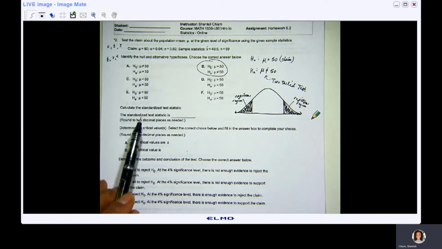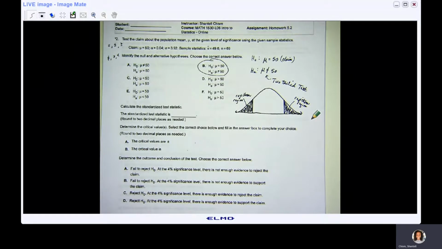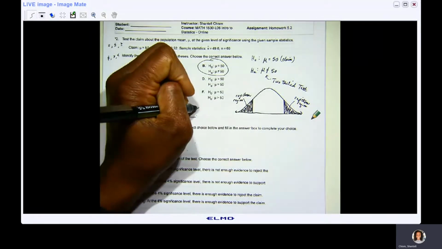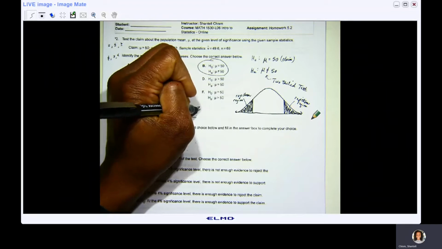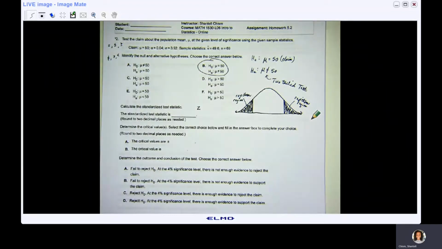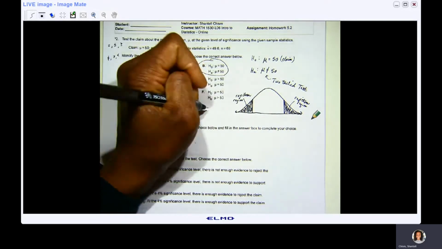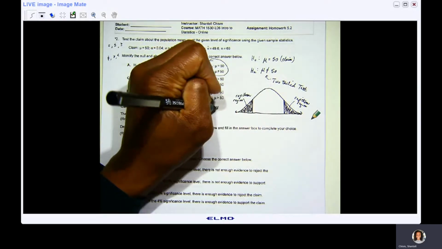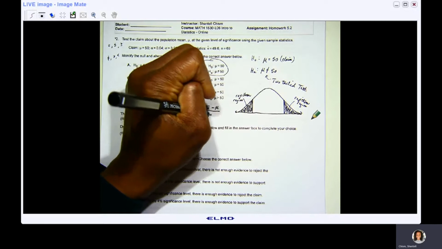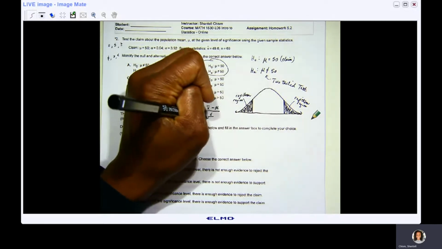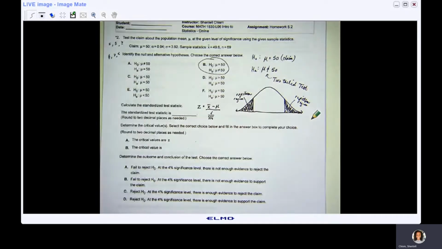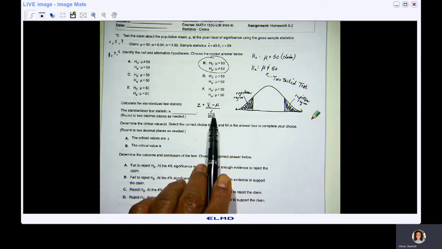All right, now to get the standardized test statistic, okay? Now, that is a formula. Our standardized test statistic, we're transforming X to a Z-score basically. So Z equals X bar minus mean mu all over sigma divided by the square root of n. Okay. We did go over this in 5.1, calculating the test statistic as well.